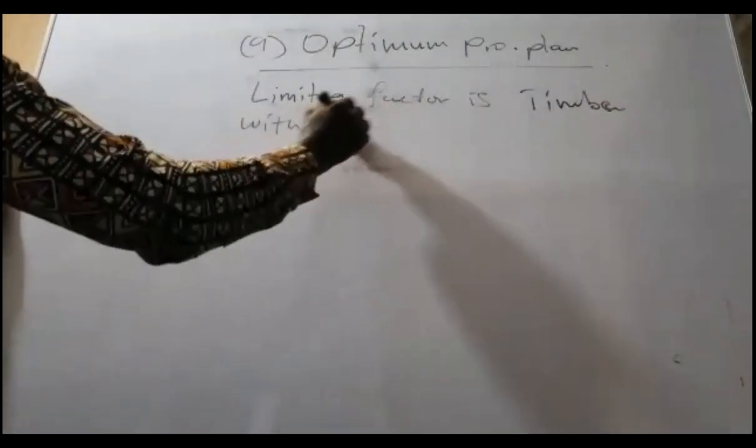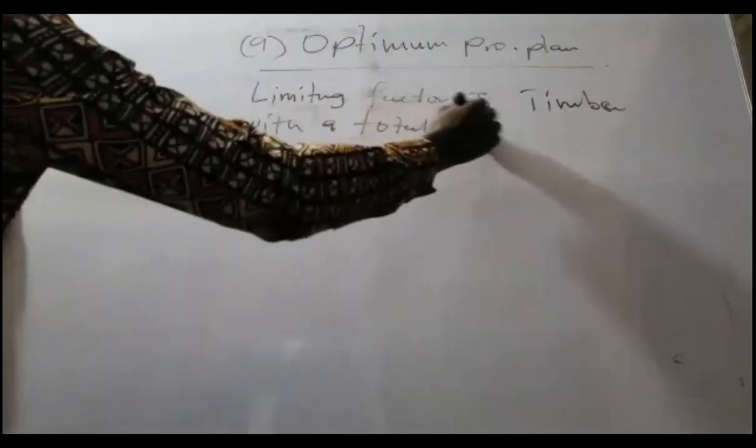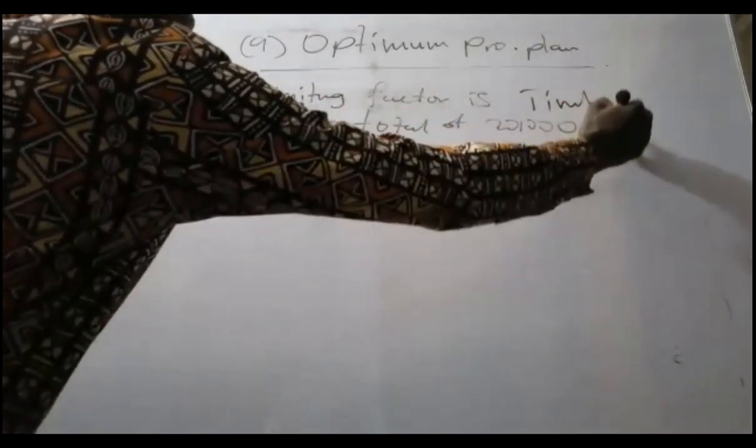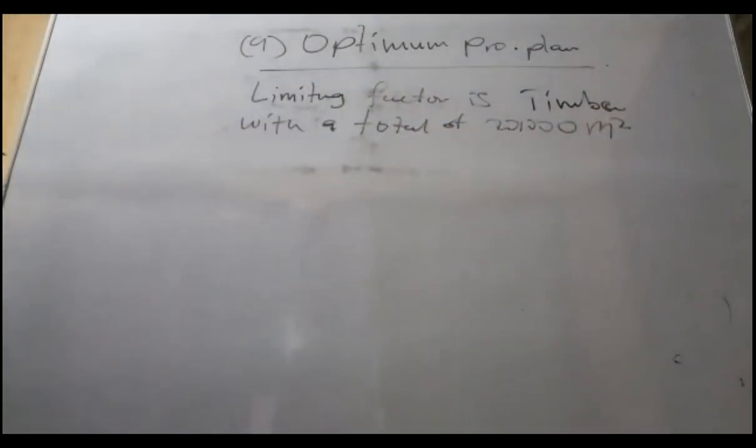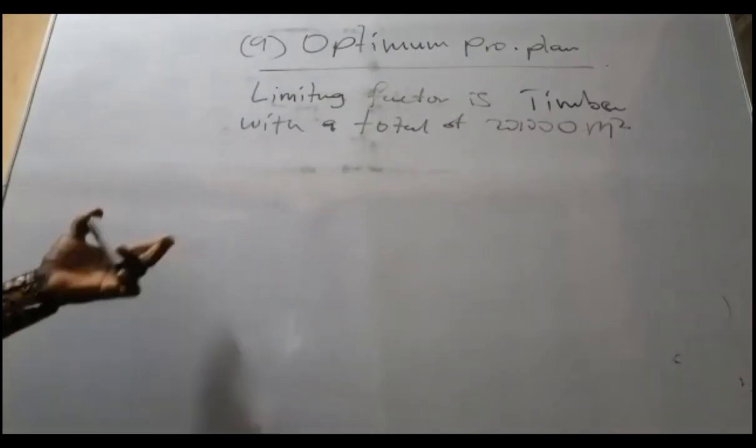With the total of 20,000 square meters, or meters square. Good. And you are done. So that's the first step.